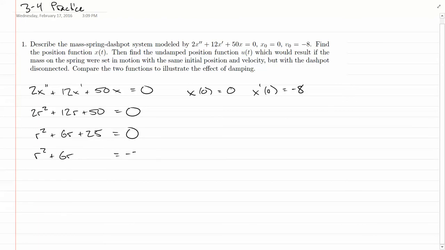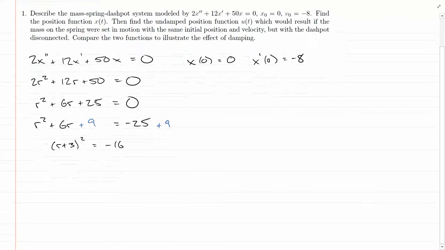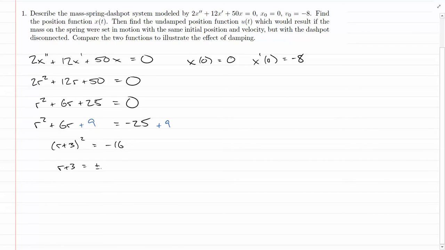Let me subtract 25 from both sides and then complete the square by adding 9 to both sides. So if I do that, I'd have (r plus 3) squared equals -16. So r plus 3 would be plus or minus the square root of -16, which is 4i. And so r is -3 plus or minus 4i.